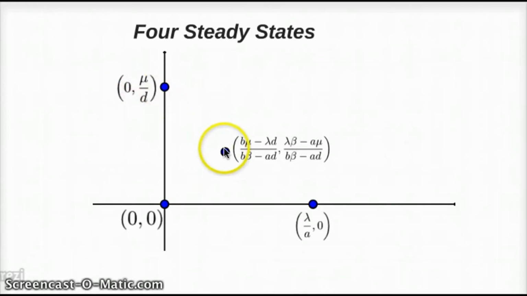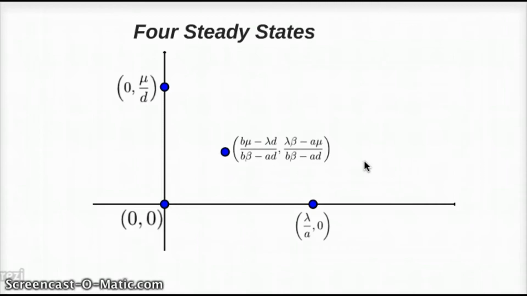Okay, now the new point is this point that may exist under some conditions and lies in the interior. When that happens, that point has these coordinates. The first coordinate and the second coordinate are expressed here. These are the four equilibrium points or steady states of the system.